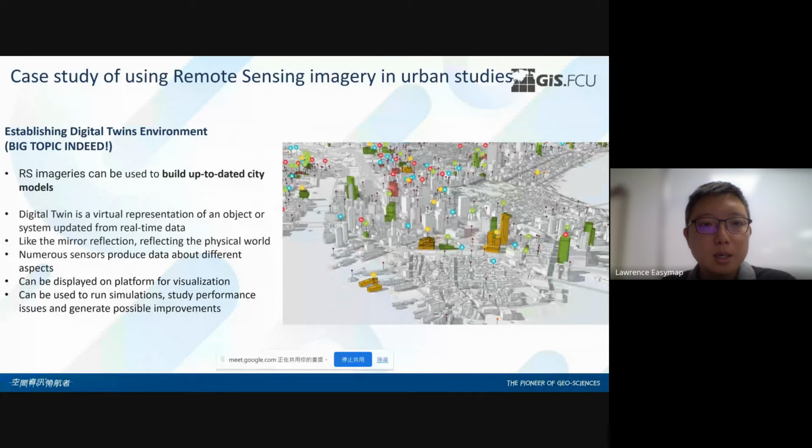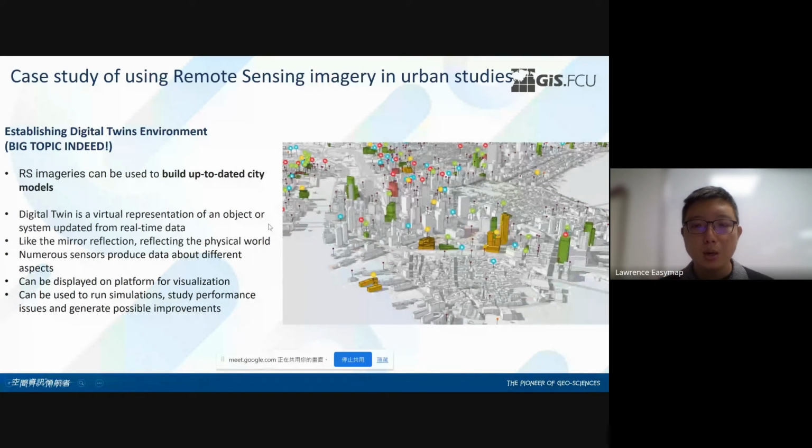Generally speaking, digital twins is a virtual representation of something from the real-time situation. It just creates a mirror reflection. Just like on the right-hand side, we have a picture of a city. We applied a lot of sensors in the city, like temperature sensors, wind speed, barometer, and so on, lots of sensors.